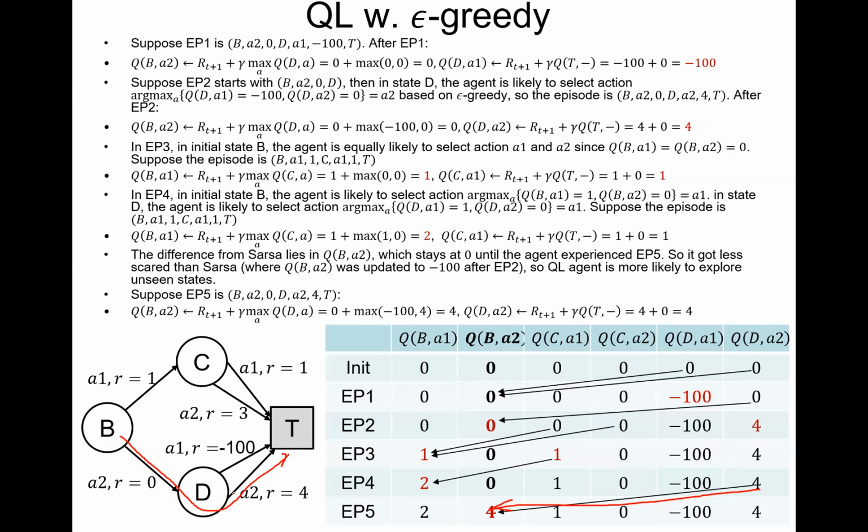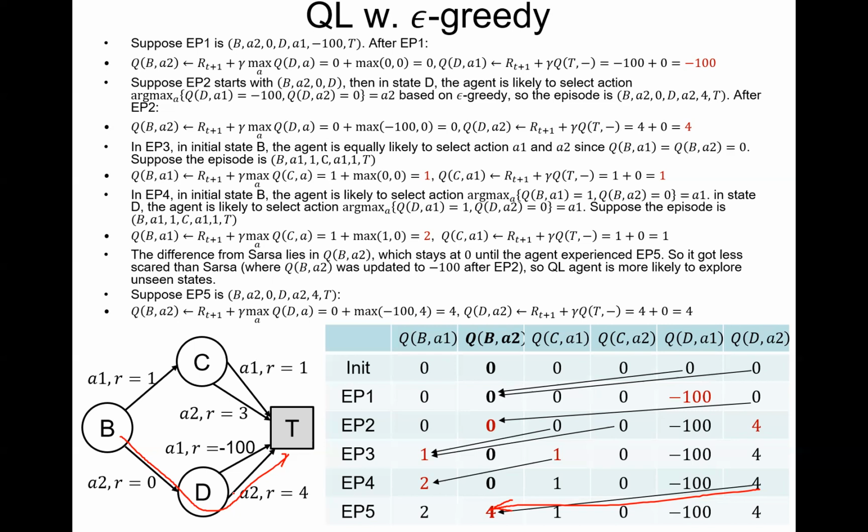And a common trick in Q-learning or Sarsa is to do optimistic initialization of the Q values. If you initialize all the Q values to be very large and positive, then it encourages exploration.